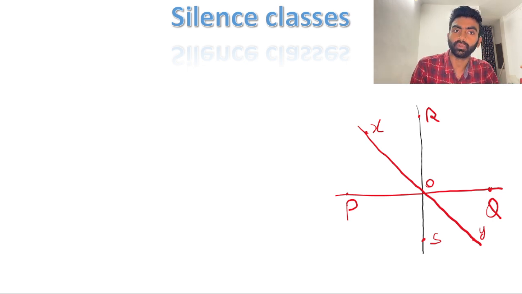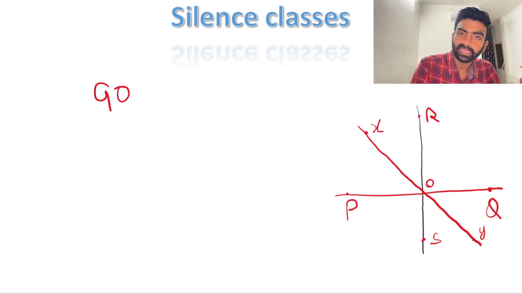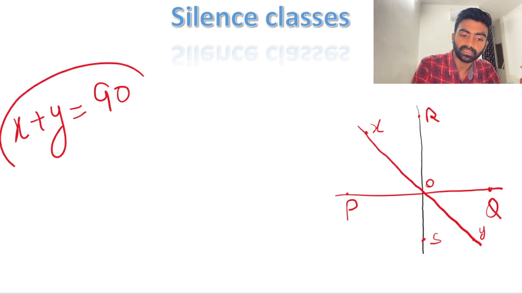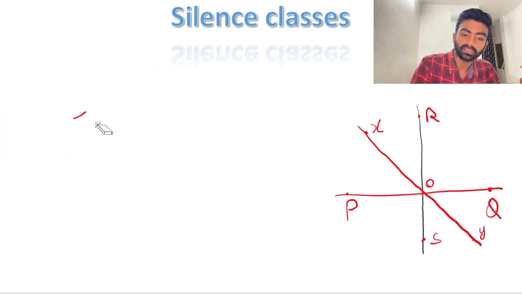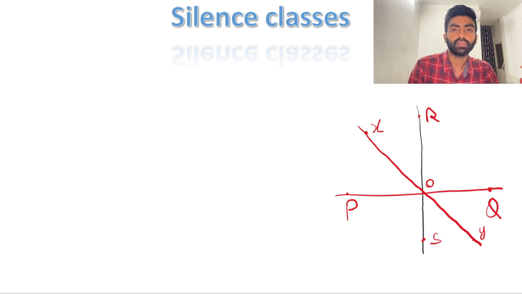I have already told you in the introduction part. Complementary means the sum of any two angles, let's say x plus y, should be 90 degrees. So we have to find the adjacent angles whose sum is 90 degrees, or complementary.